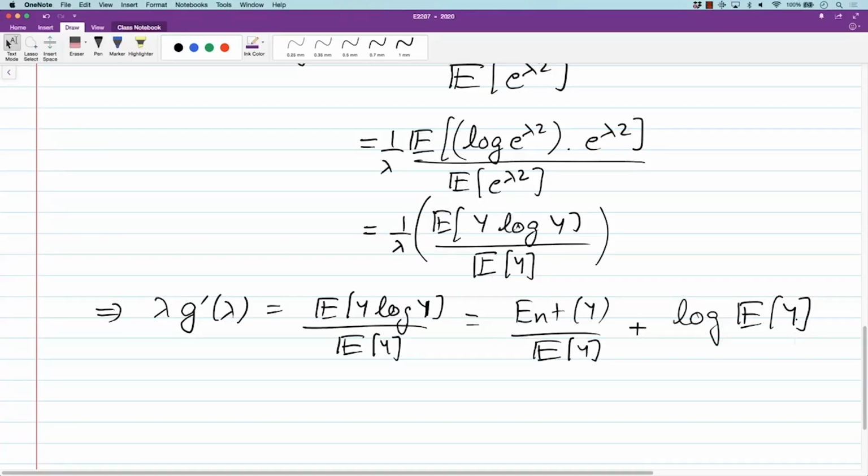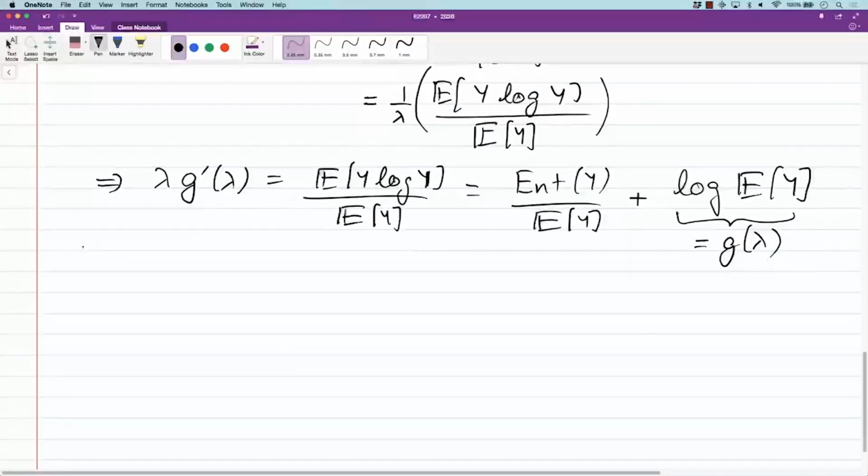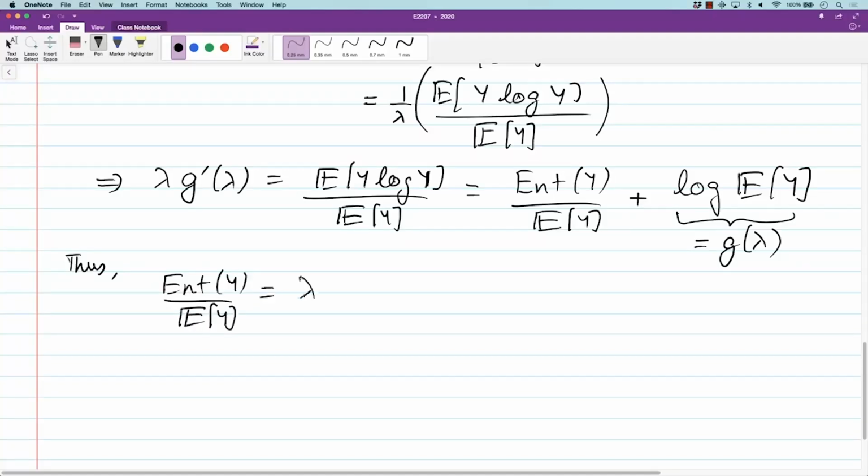And this, by how I defined things, is exactly equal to g of lambda. So rearranging terms, we obtained that the entropy of y by the expected value of y is exactly equal to lambda g prime lambda minus g lambda.